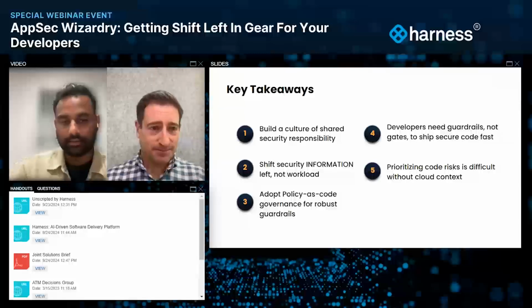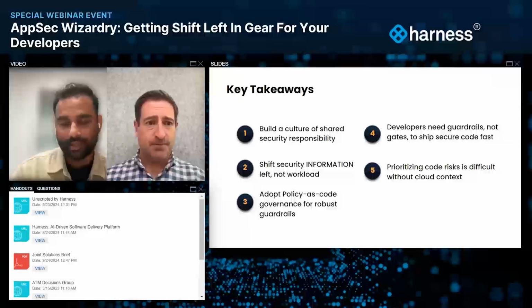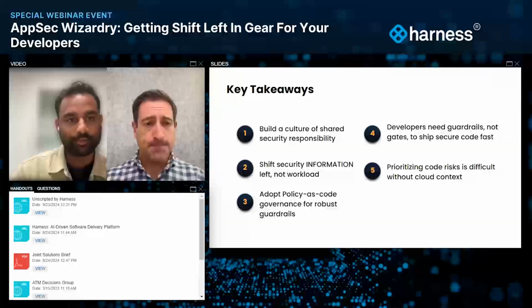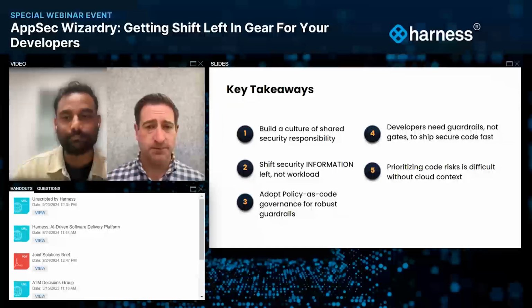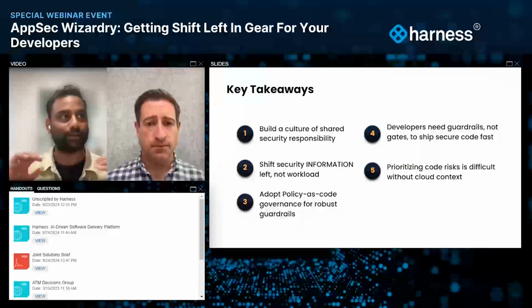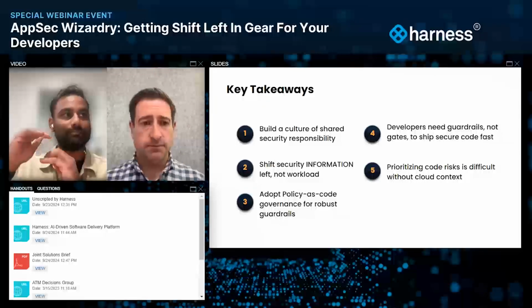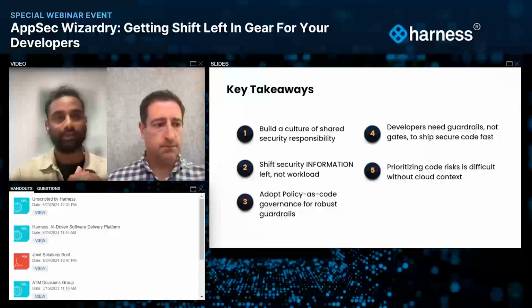Yeah, and I think two key takeaways for me. I think what we found developing with code is developers really need guardrails and not gates. So how can security just be embedded into the existing workflows? So if you're working in VS Code and you're building your code, how can we immediately have the same issues that we would eventually find in production pop up there?